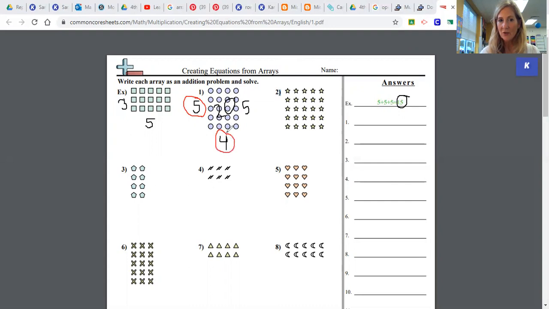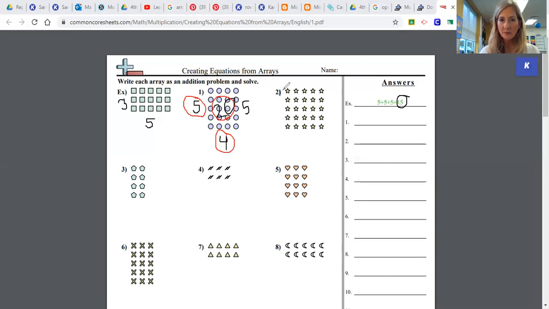There's 4 in each group. And what would your total be? 20. So within those 3 numbers that I've circled, you have your factor telling the groups, factor telling how many in a group, and then your product, which tells you the total. So right here, the 5 and the 4 are your factors, and 20 is the product.